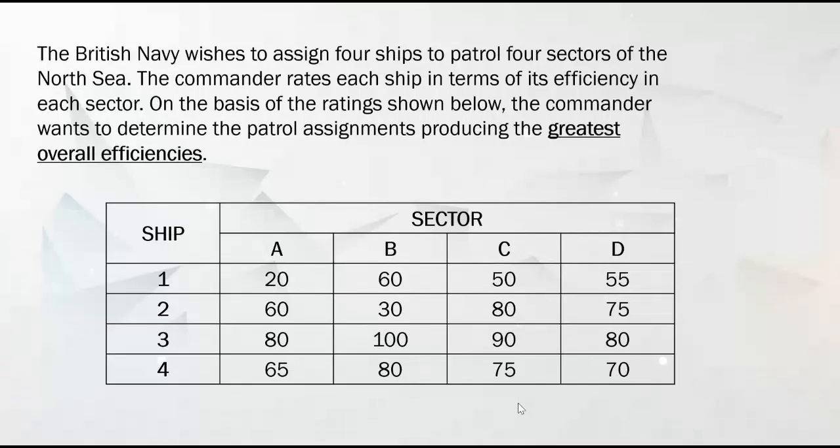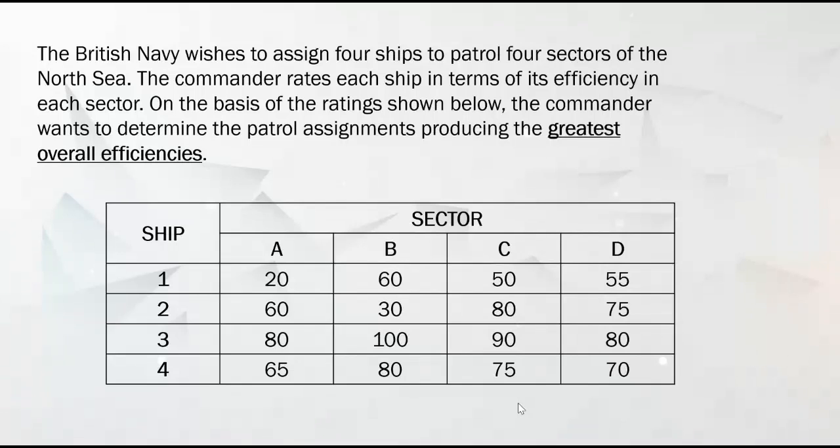The British Navy wishes to assign 4 ships to patrol 4 sectors of the North Sea. The commander, or the chief captain, rates each ship in terms of its efficiency in each sector.